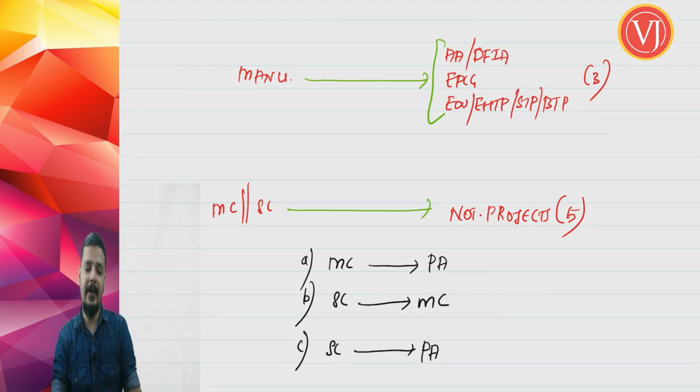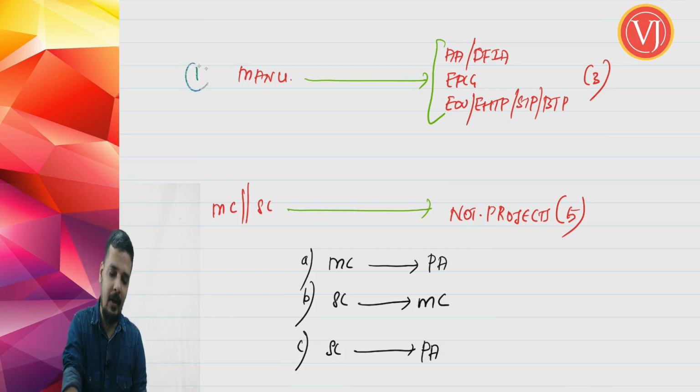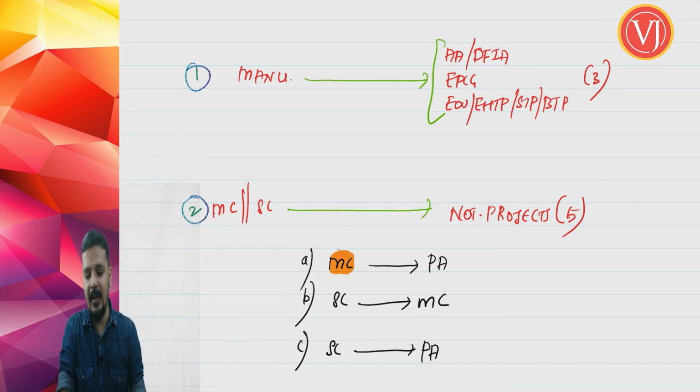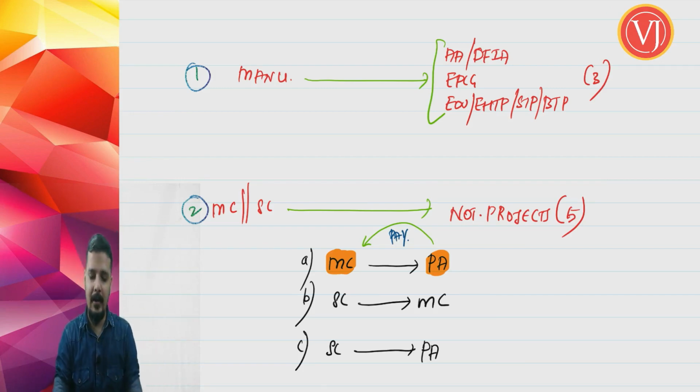So in the second category that we are discussing, where you are talking about 5 notified projects, the supply of goods to notified projects can be by main contractor to project authority, where the project authority will make the payment directly to the main contractor. Or subcontractor to main contractor, who is in turn giving to the project authority.